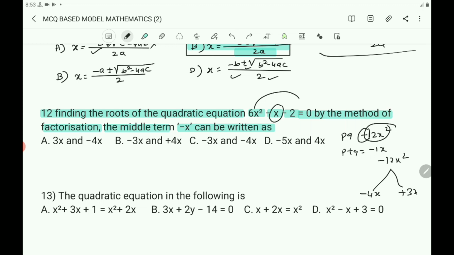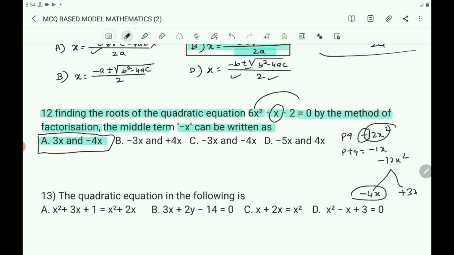So here you can write minus 4x and 3x. So the answer is option A. Let us note down the answer: A, 3x and minus 4x.